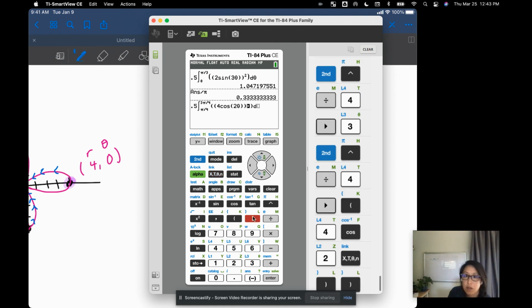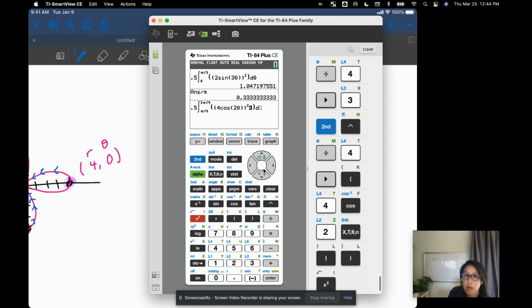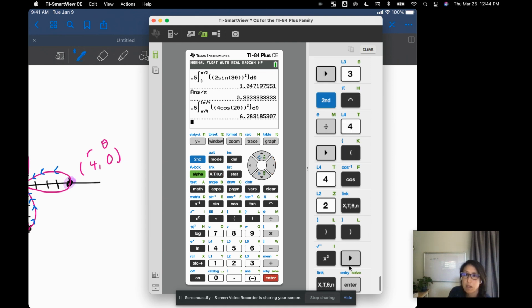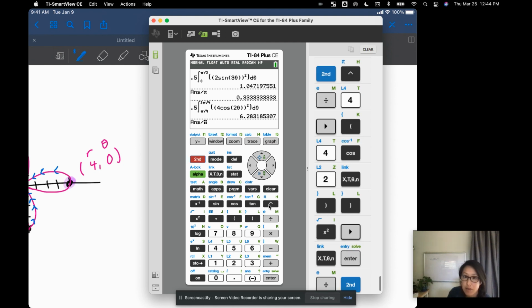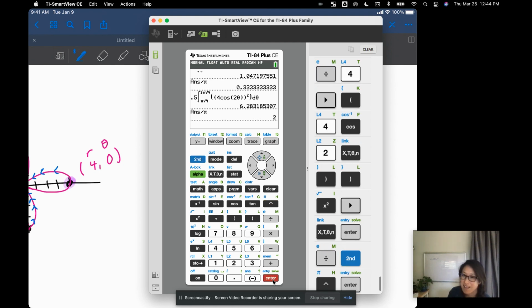Close for the angle, close for the equation, square that, and then take the integral with respect to theta. And I got 6.283. This should be recognizable. Divide this number by pi to see if pi goes in evenly. And we get 2. So 6.283 is equal to 2 pi.